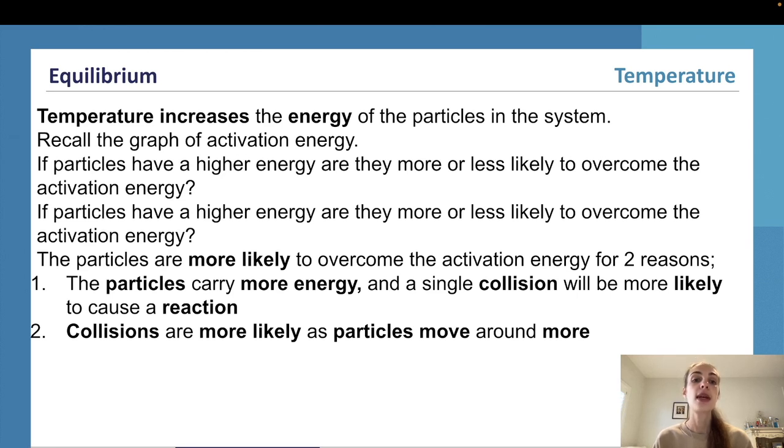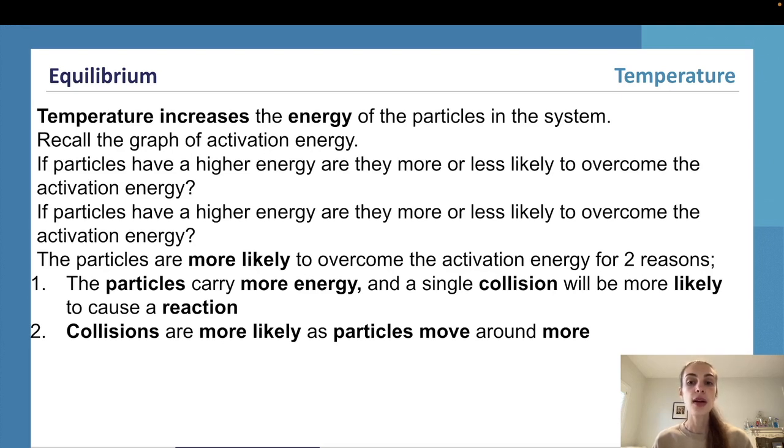We remember the kinetic theory tells us that when the particles have more energy, they're going to be more likely to collide, and hence they're more likely to be at or above the activation energy when they collide, and so will be more likely to form products. And so if particles have a higher energy, we can say that they're going to be more likely to overcome the activation energy.